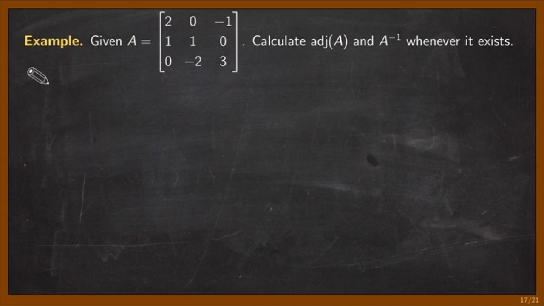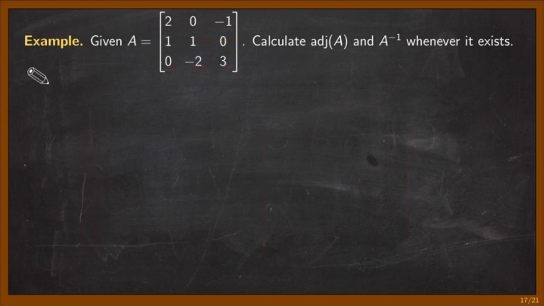So this is what I'm going to do. The cofactors of the entries in the first row, I will place them in the first column so that they are arranged in order.